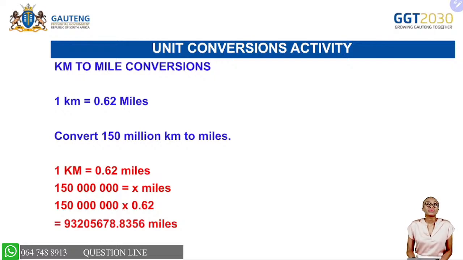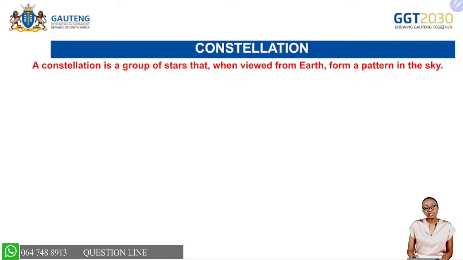Okay, so now let us move on. Grade 8, let's talk about the constellation. Remember, we defined constellation in our terminology slide. A constellation, we said, is a group of stars that when viewed from Earth form a pattern in the sky. We even gave examples of Taurus and Gemini, just to mention a few famous constellations.